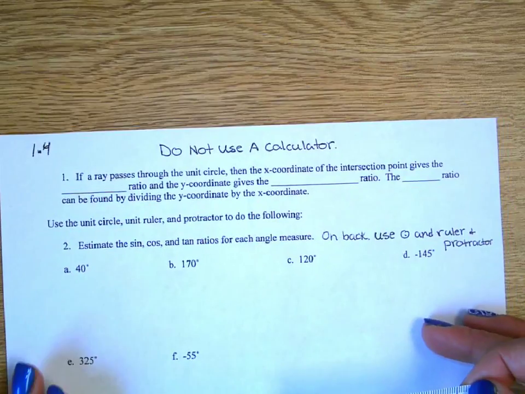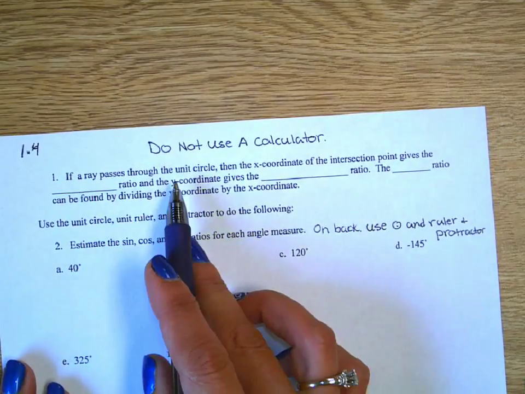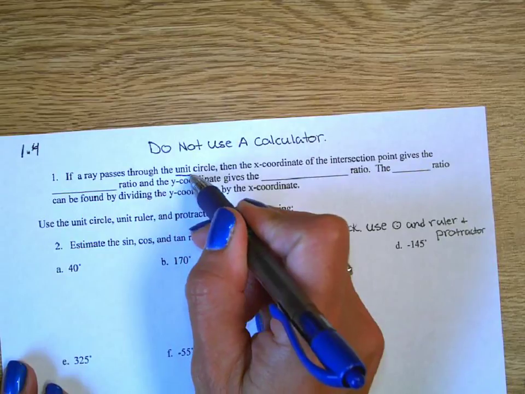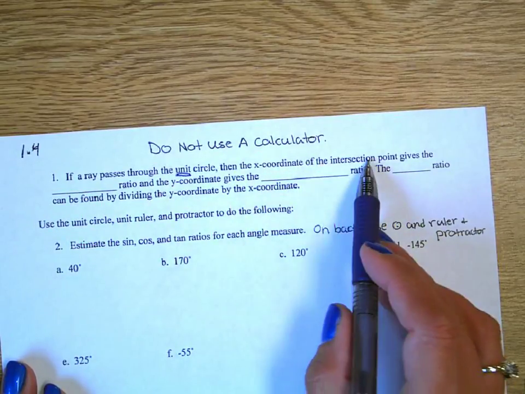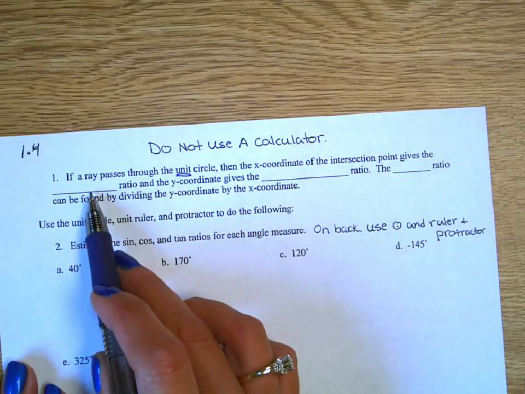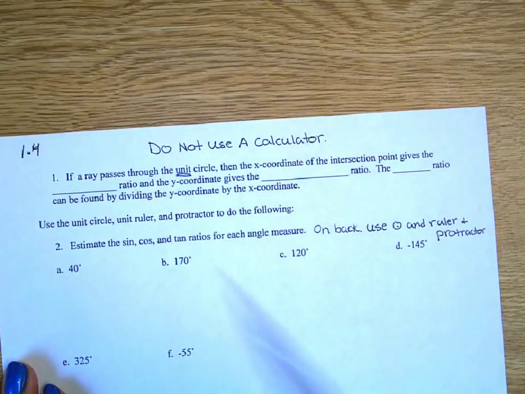Okay, flip it back to the front side. See what you remember from yesterday. It says if a ray passes through the unit circle, then the x-coordinate of the intersection point gives which ratio was attached to x yesterday? Remember there's 6 ratios. Which one was the x? Cosine.